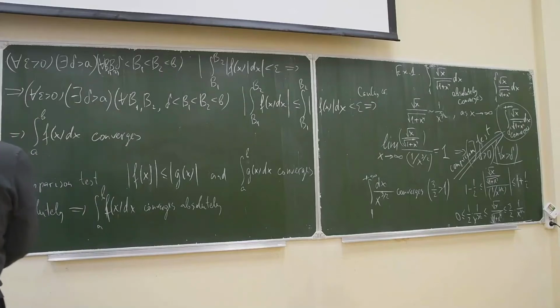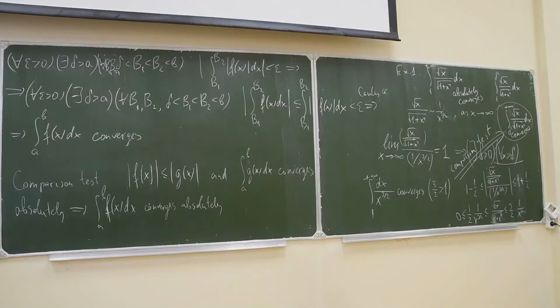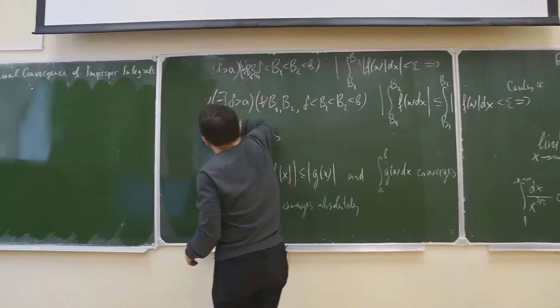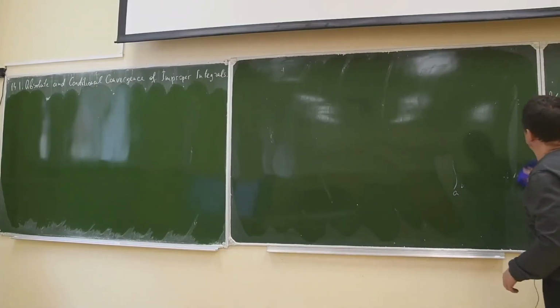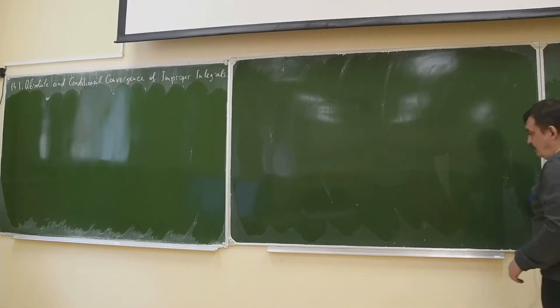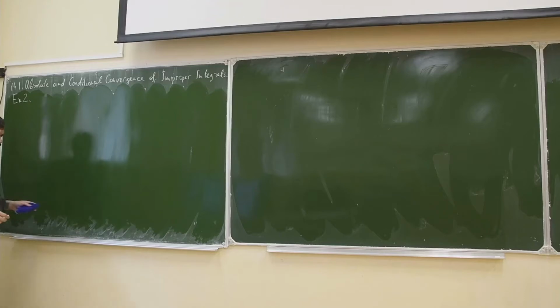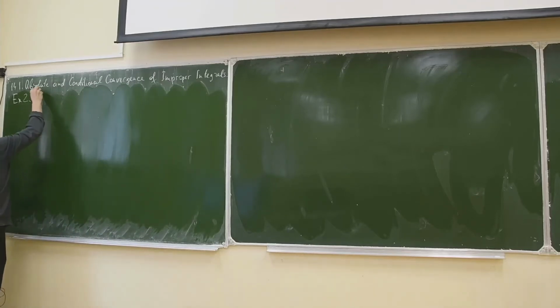Okay, one more example then. Also typical. Example 2: the integral from 1 to infinity of cosine x over x squared dx.